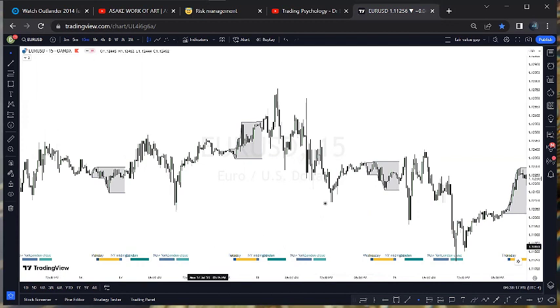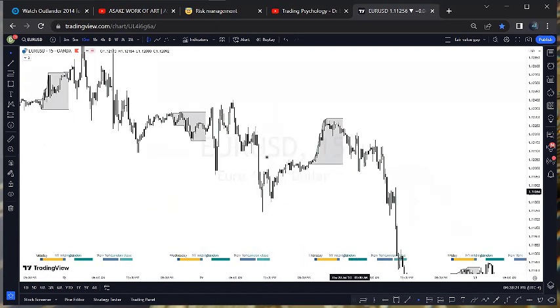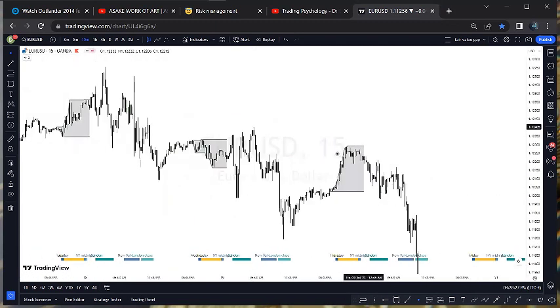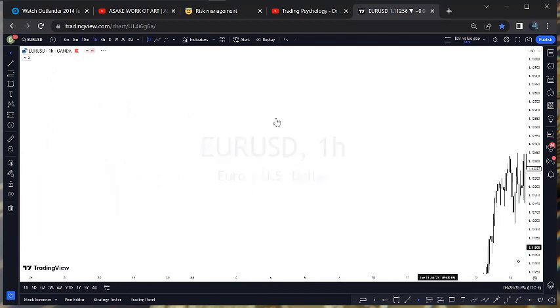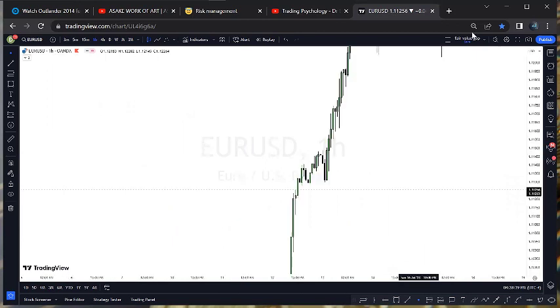You don't have any business buying in this market. Your only business is to sell. Even if you sell and it takes you out, sell again, in as much as this setup is intact.